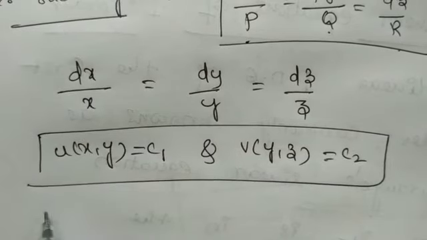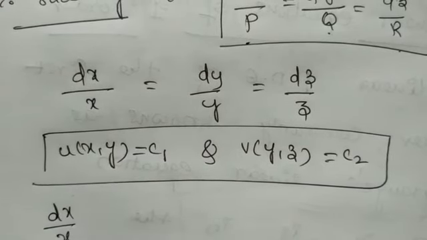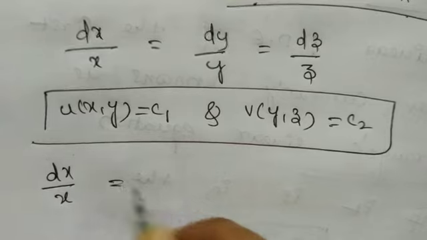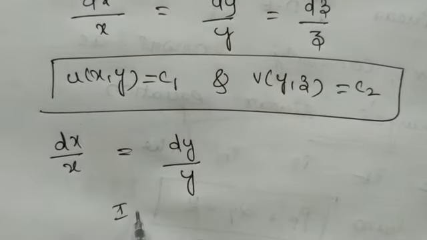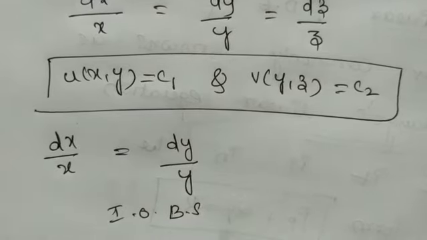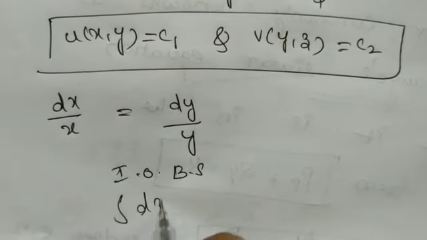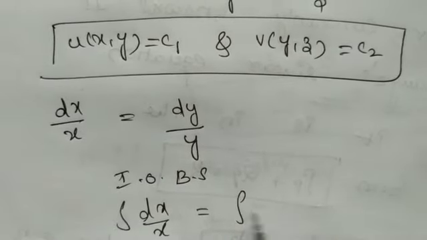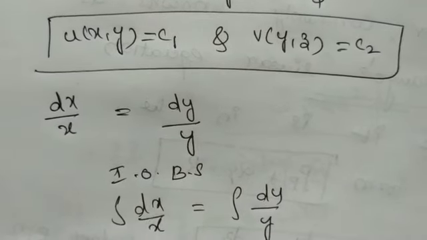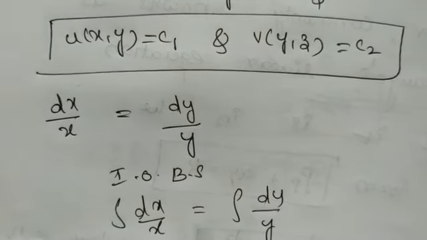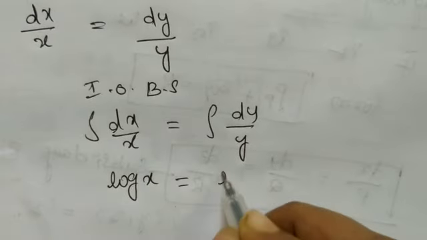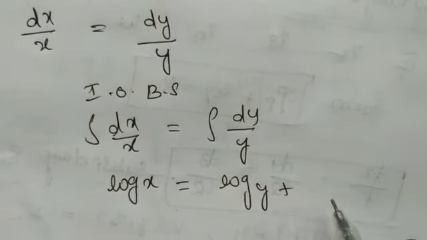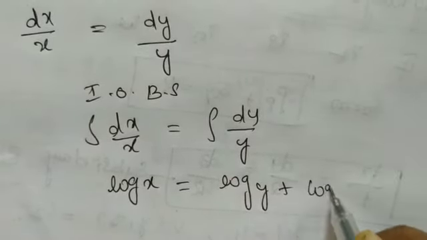Here I am taking the first two terms, that is dx by x equal to dy by y. Integrating on both sides, integration of dx by x equal to integration of dy by y. Integration of 1 by x dx is log x equal to log y plus a constant, here I am writing log c1.